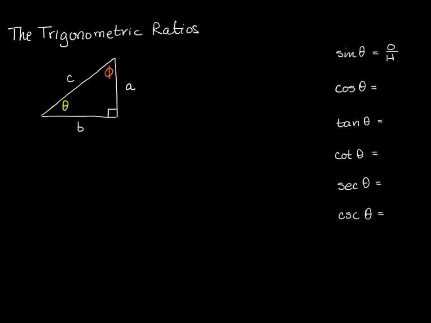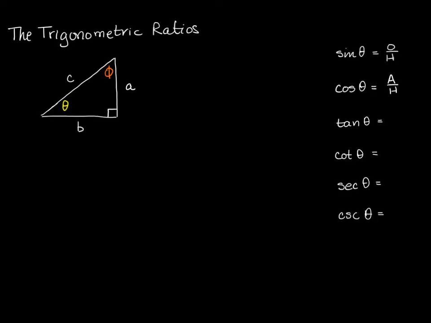I've moved things around a bit so that when we're done here, we'll have a nice record of all 6 of the trigonometric ratios. Let's just go through the rest of the list, and then once we have all 6 definitions, I'll go back and we'll do a couple of examples. The cosine of an angle is defined as the side next to the angle, which we call adjacent, over the hypotenuse.